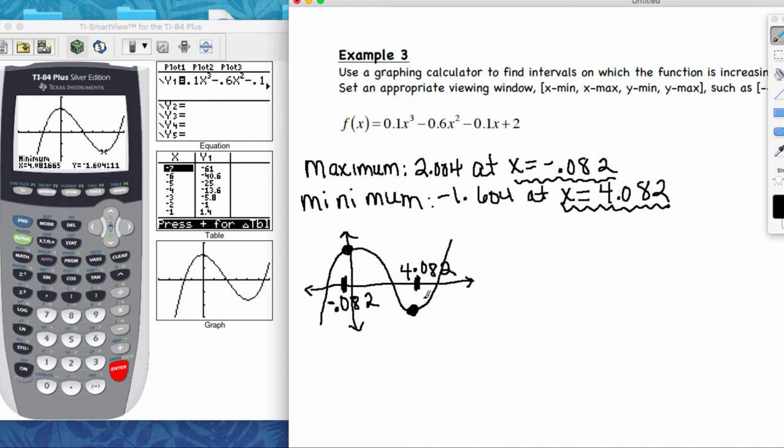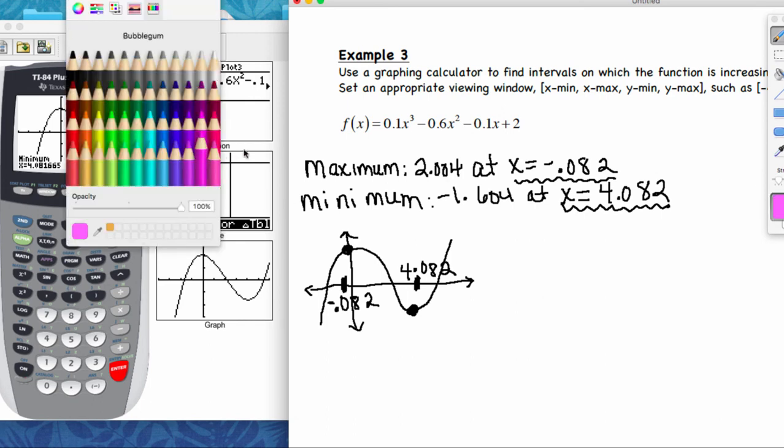Okay, so my graph is going from, let's see, my graph is increasing, coming in from negative infinity up until this point. So we'll do increasing from negative infinity up until negative 0.082. And then my graph changes.